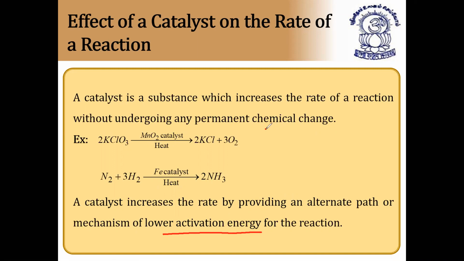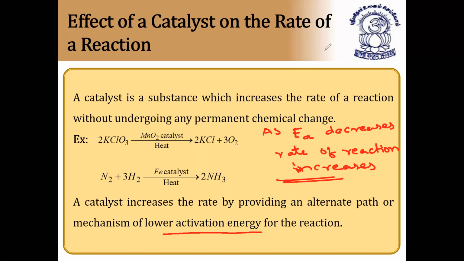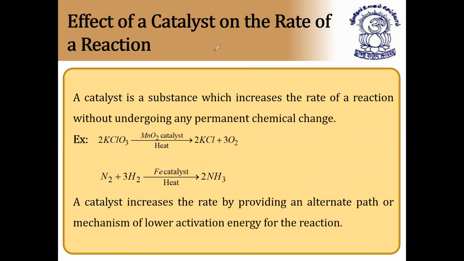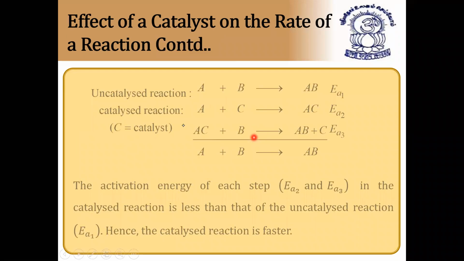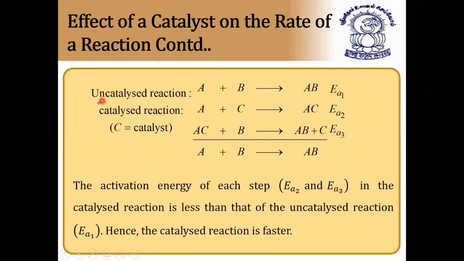As the activation energy decreases, automatically the rate of reaction increases, and also the rate constant. So this concept is very, very important. This is the effect of catalyst. A catalyst will increase the rate of reaction by decreasing the activation energy. Decreasing the activation energy is most important.